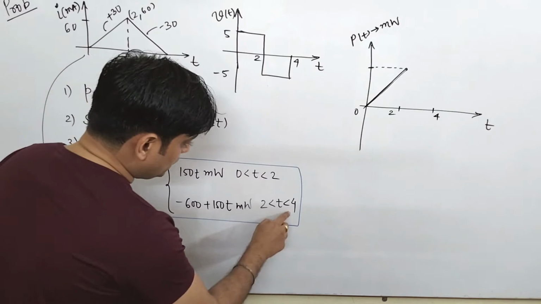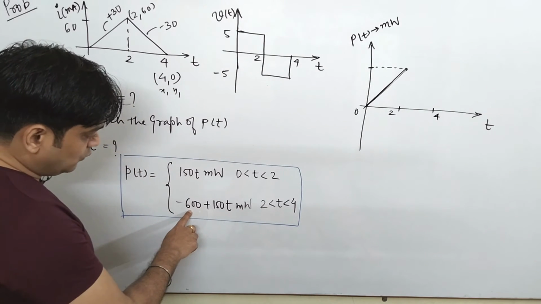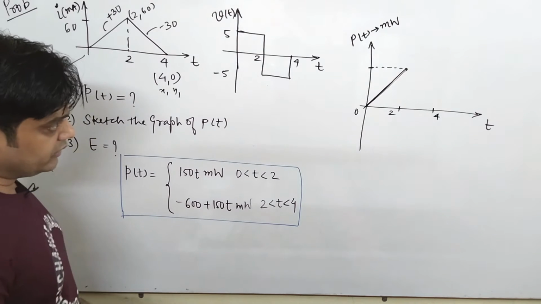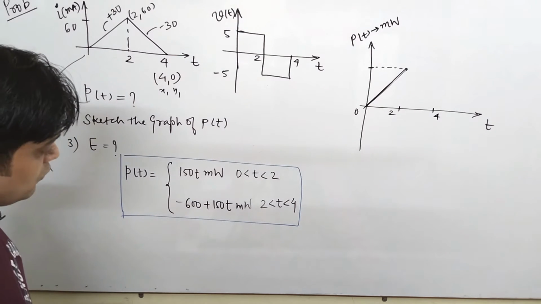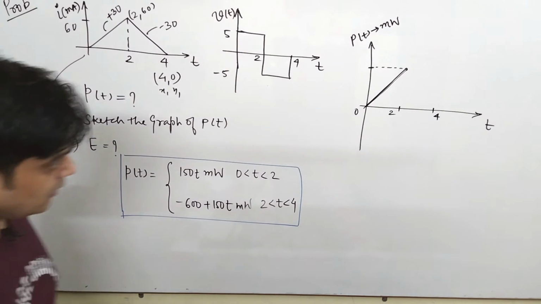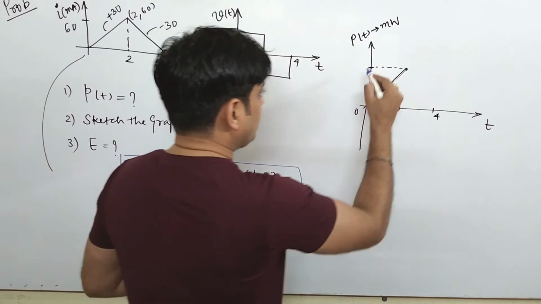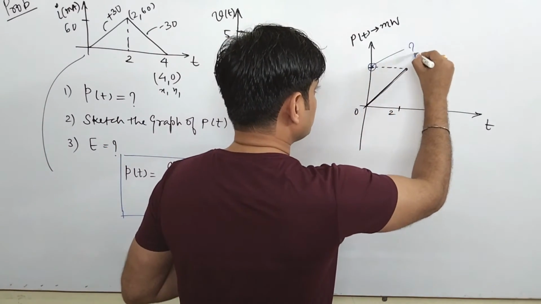Now for 2 < t < 4, what will happen? At 2 it goes downward up to 600. Now one more important thing: what is this value? Very important.